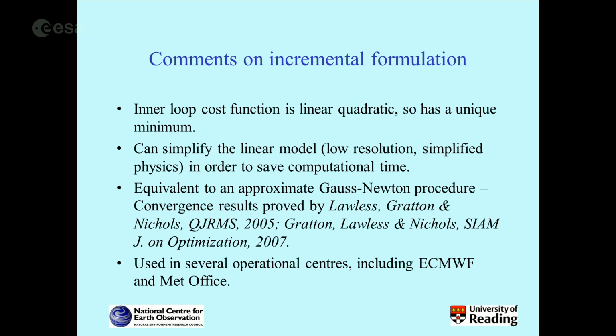It's equivalent to what's called, in the optimization literature, an approximate Gauss-Newton procedure, and this is something we've looked at in the past, showing how we can prove when this converges to the solution of the true problem. This is the method that's used in several operational weather forecasting centers, or a variation of it. For example, ECMWF or the Met Office use some variation of this.